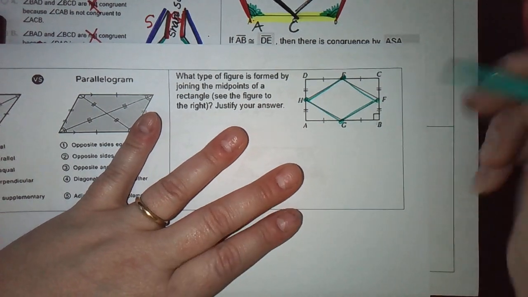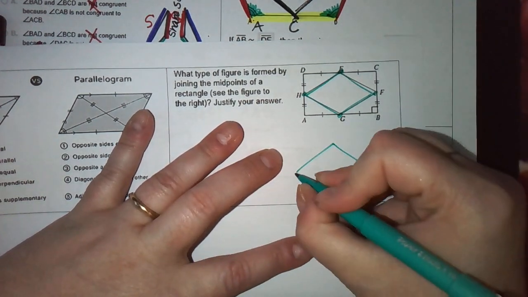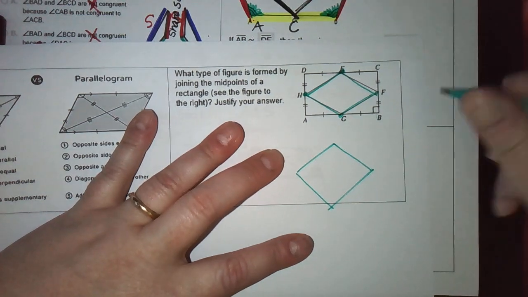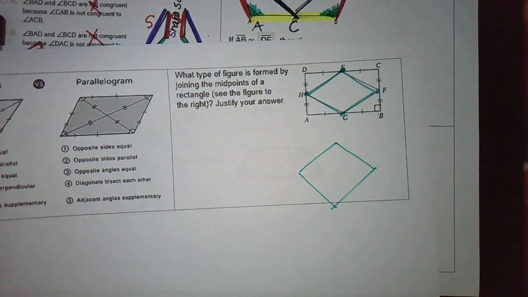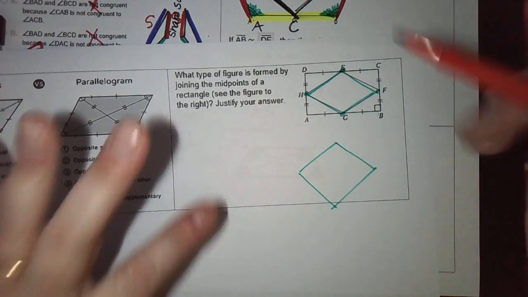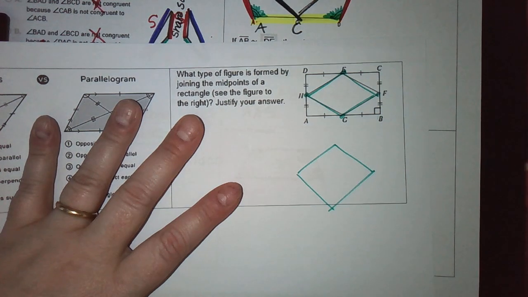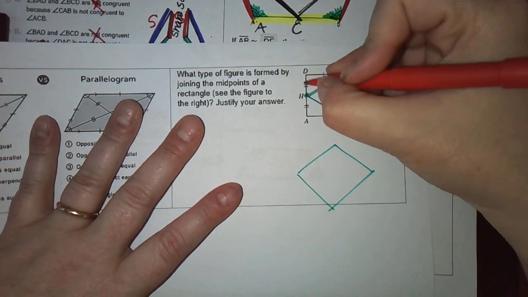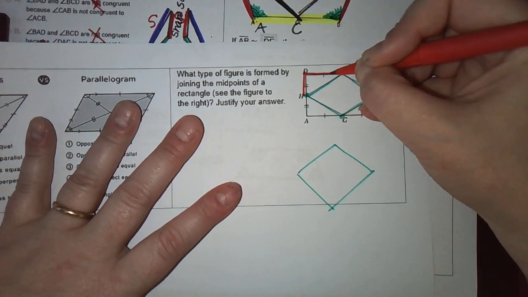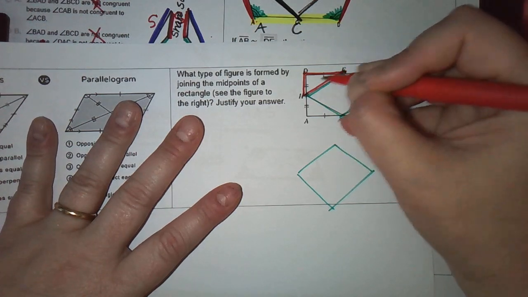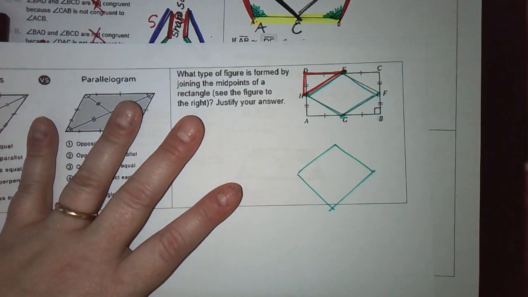Okay, well, first let's see if any of these sides are equal. Okay, so if we're looking at this picture, we're looking at this triangle.